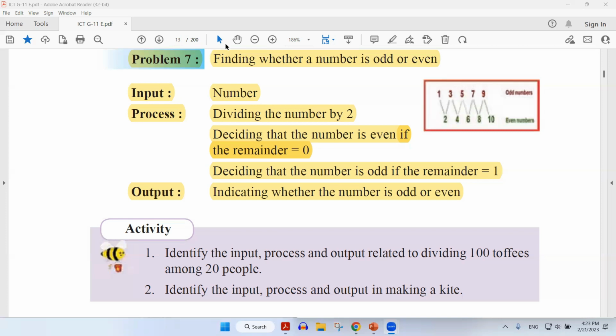In programming, this concept is recognized as selection.